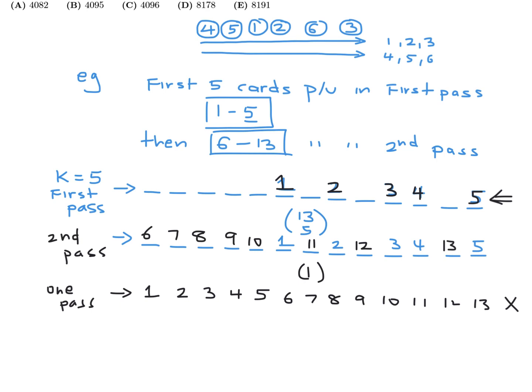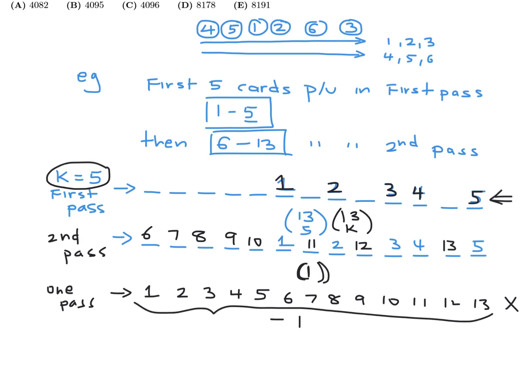You got it? So similarly, for all values of k, it would be 13 choose k up here. Okay, and then you'd have just one way of doing it down there, and then you have to subtract this scenario, because this scenario would give you one pass. All right, so let's do that.